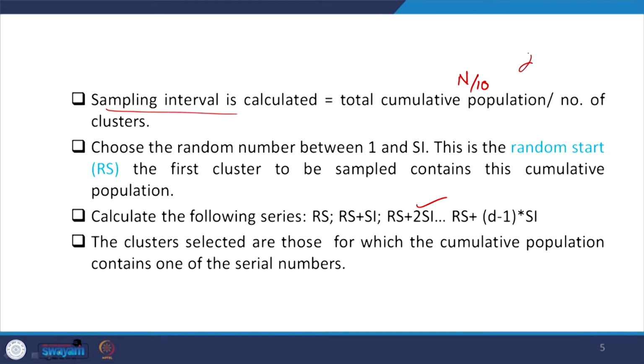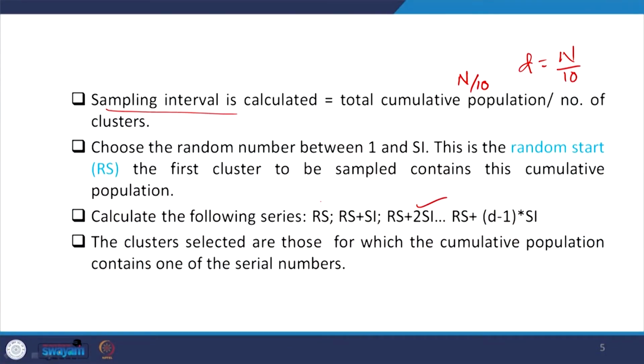N divided by 10 is basically your d, so d is the number of clusters. Number of clusters times the sample interval, if you make it, those are actually the units selected for your work. This is one, this is the second unit, the third unit, and so on, and accordingly the samples will be collected.